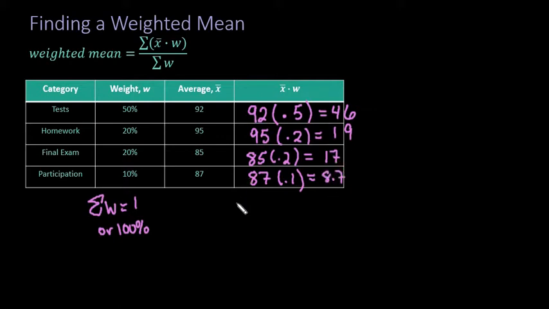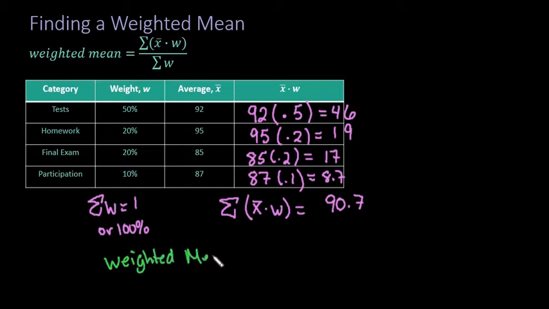So if we sum this category, X times W, we end up with 90.7 for the sum of these. So if we found the weighted mean, we would end up with 90.7.